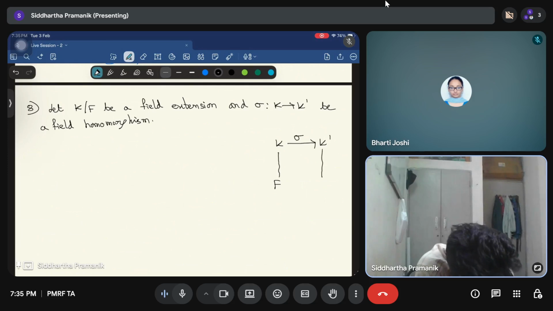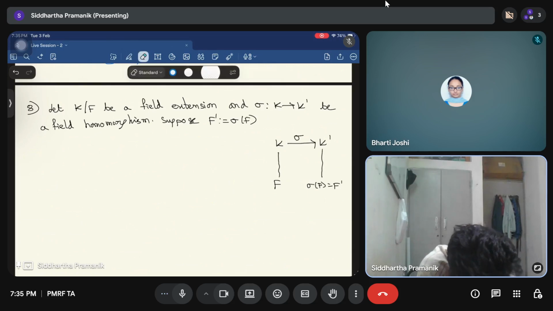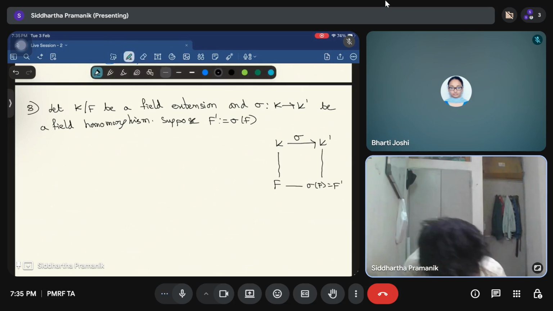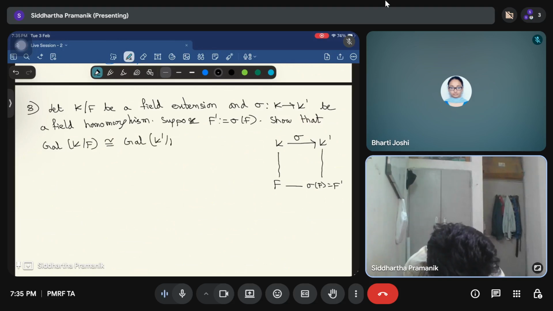Suppose F prime is the image of F under sigma. So this is sigma of F, which is F prime. Here we can also restrict sigma. Then show that the Galois group of K over F is isomorphic to the Galois group of K prime over F prime.